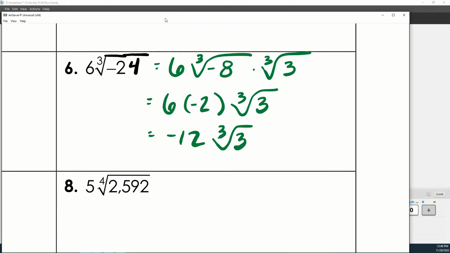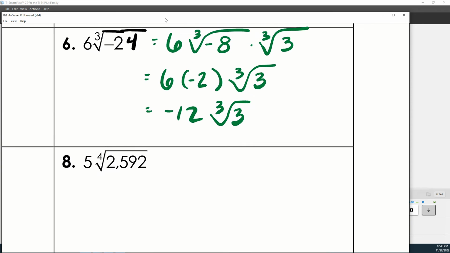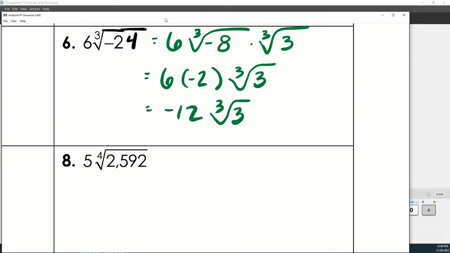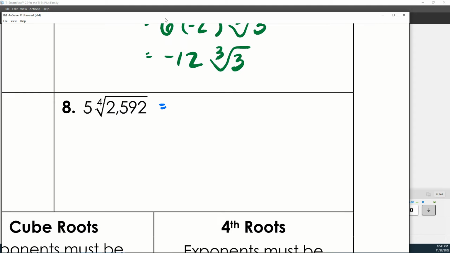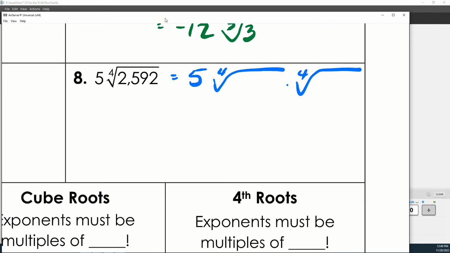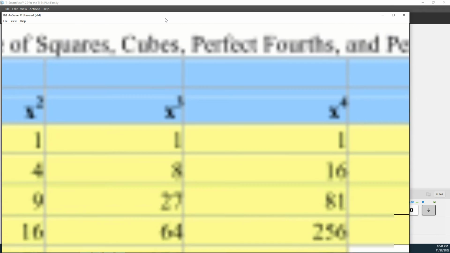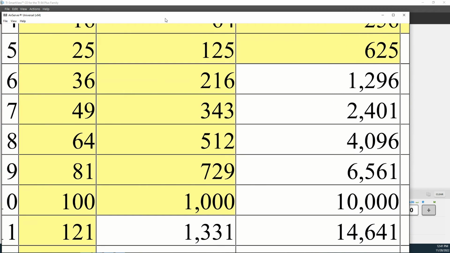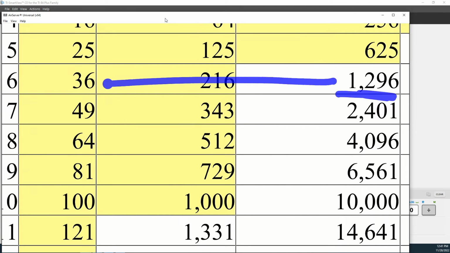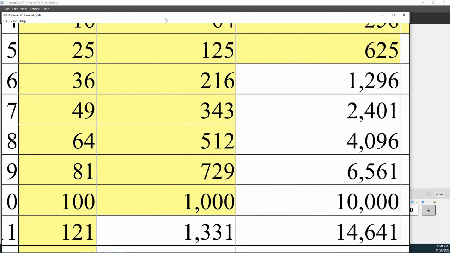All right. And then number 8 is a 4th root, which is probably the first time you've seen a lot with 4th roots. So we want to find a perfect 4th that divides evenly into 2,592. And I can go ahead and tell you it's going to be this number right here. And the fourth root of it is going to be 6.